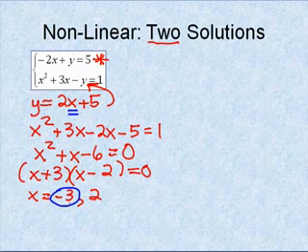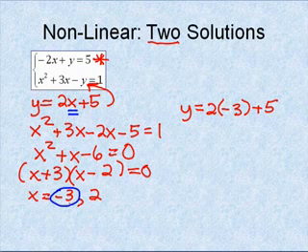So y is going to equal 2 times -3 plus 5. So that means that when x is -3, y is -1.